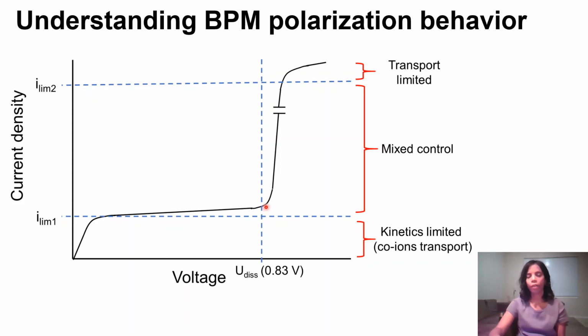At 0.83 volts, there is a sudden increase in the current density, and this part of the curve is controlled by mixed control, which means that it has both transport and kinetic limitations. Finally, the polarization curve is characterized by the appearance of a limiting current density 2 at extremely high values of voltages and current densities, and this part is limited by diffusion or transport of water molecules to the BPM interface.